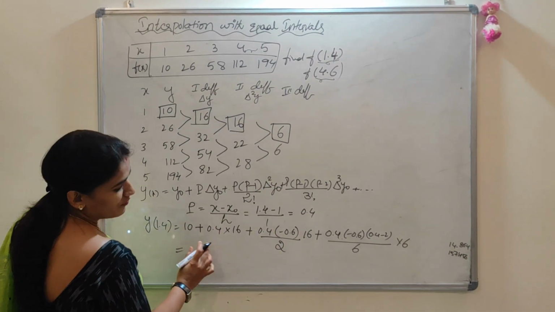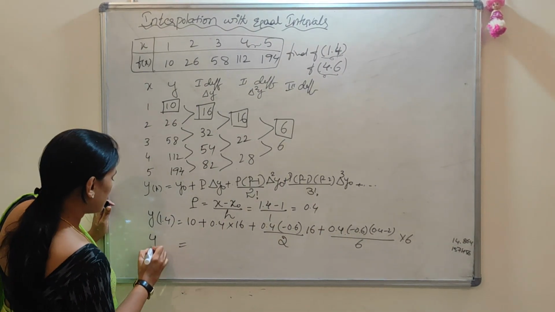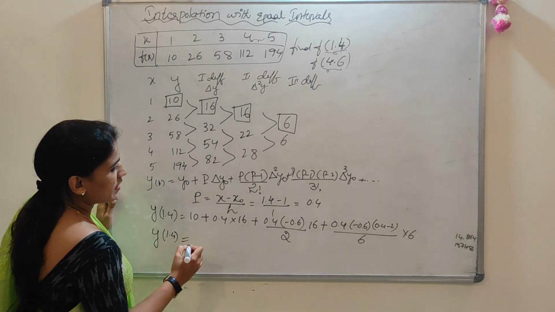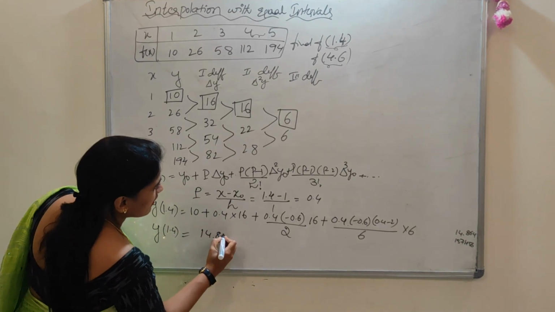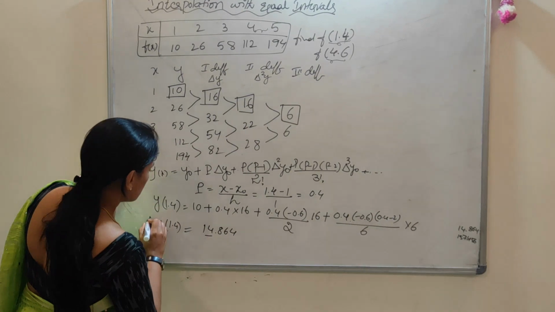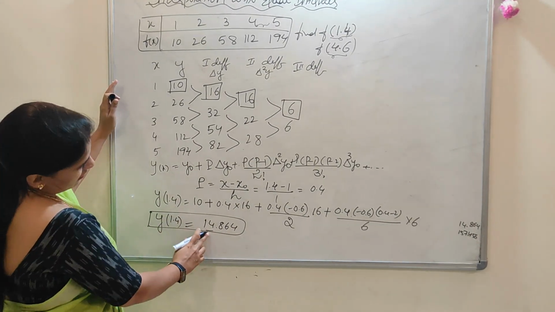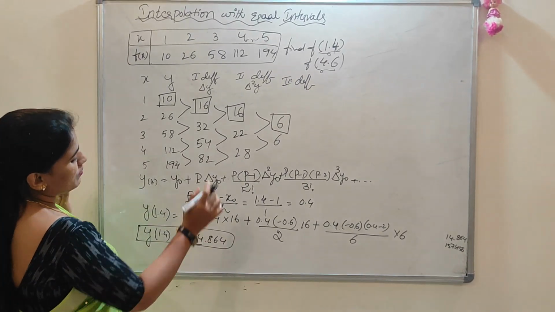So after this step we need to calculate and you will get the answer. Y of 1.4 is 14.864. This is the result.